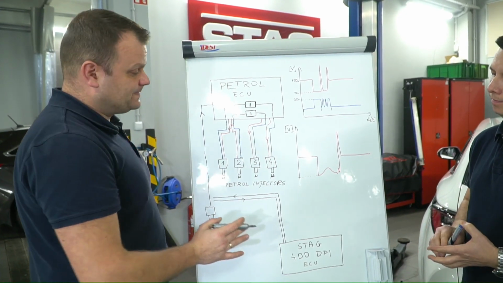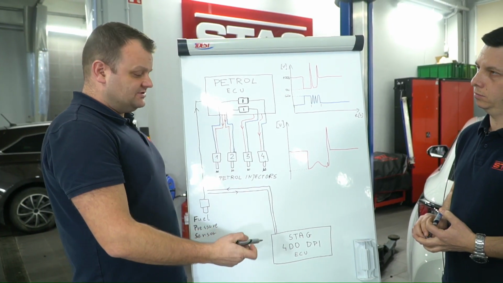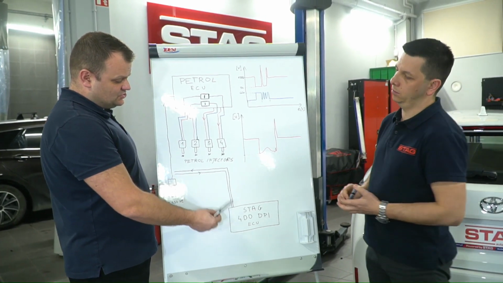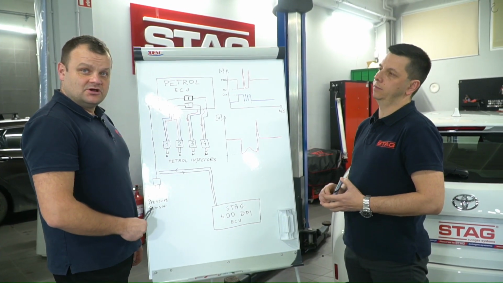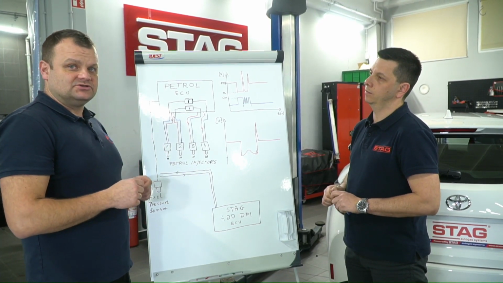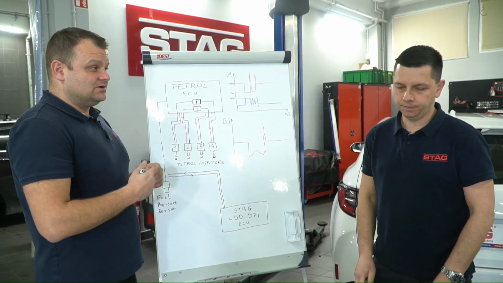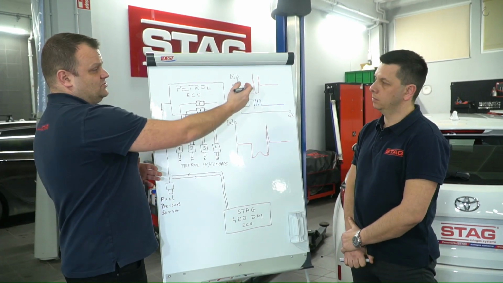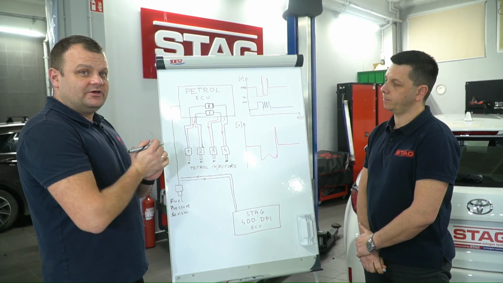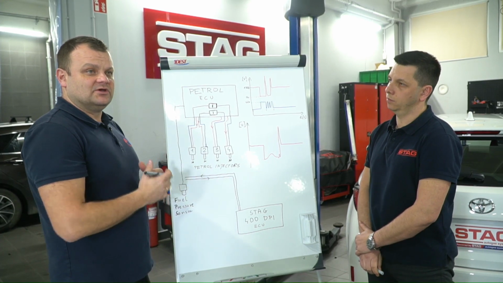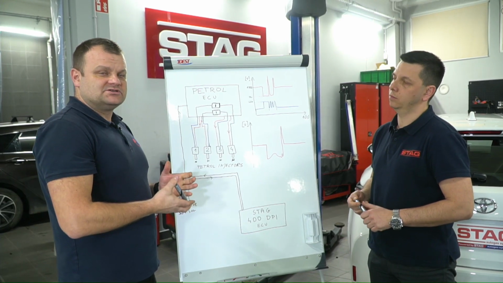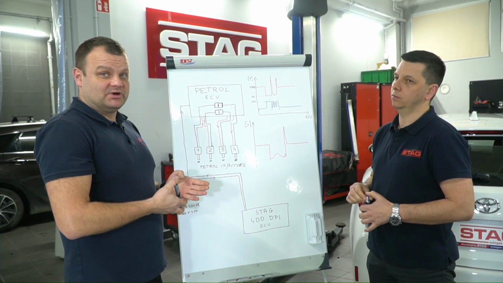What is also the second main difference related to MPI is that we need to connect the ECU to the fuel pressure sensor, because petrol dosage in DPI engines is related to the opening time and also the fuel pressure. And the fuel pressure is very variable. It means that on idle, the fuel pressure can be at a level like 30 bars, 40 bars, in new cars 100 bars.